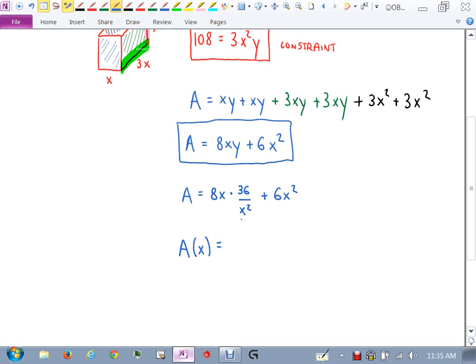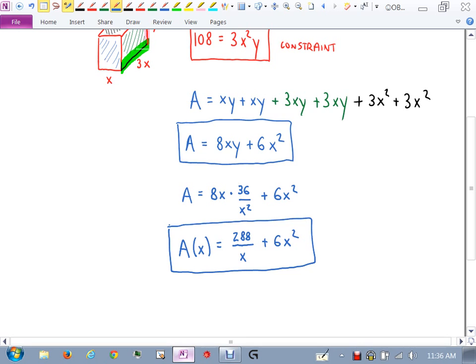Wow, am I that far off? 240, oh, plus 48, yeah. 288 over x plus 6x squared. And that is my objective function written as a function. It's a function of one variable now.